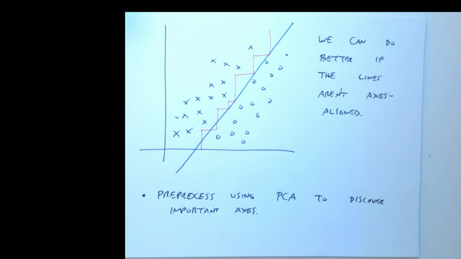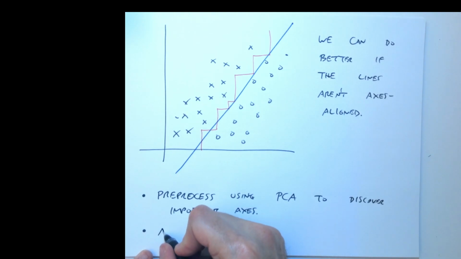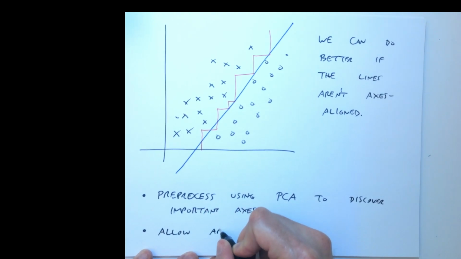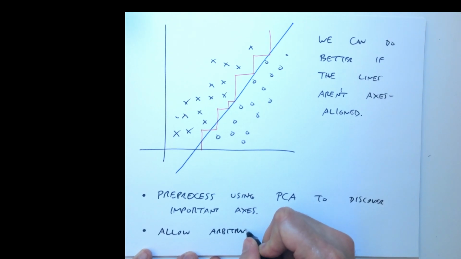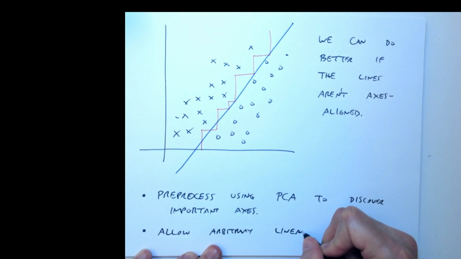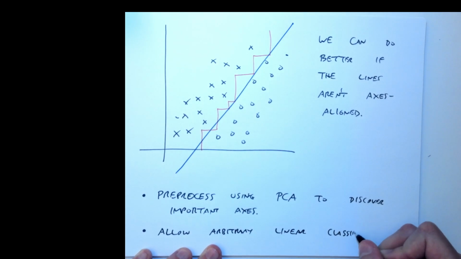So that's a lot more efficient than doing all 768 dimensions at once, right? The other thing you can do instead of PCA at all is just to allow an arbitrary linear classifier at each stage.